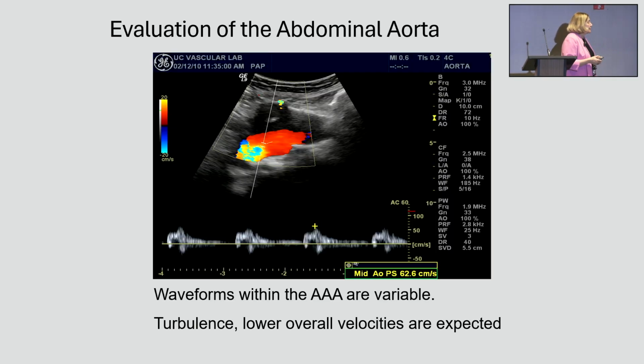In the aneurysm itself, you may see a whole lot of turbulence, and the velocities are going to be kind of dulled out because now you're in a widening. If you've ever seen a jet of water in a stream, when it hits a widening, it's going to start eddying around to the walls of the stream, and it's also going to be more turbulent.